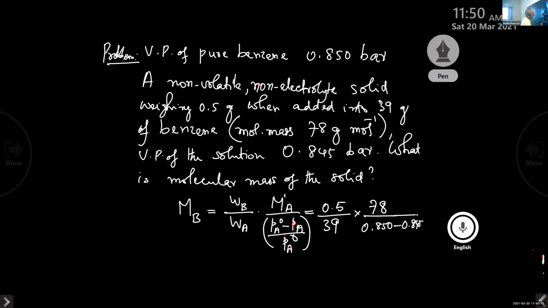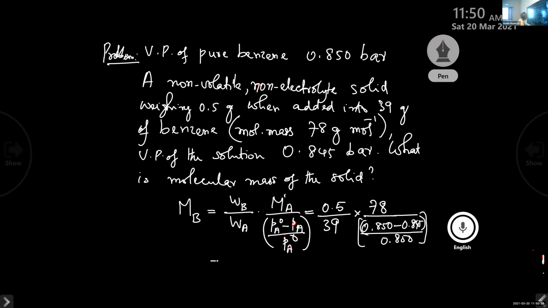And that is divided by PA0, the vapor pressure of the pure solvent, which is 0.850. And that is the substitution.